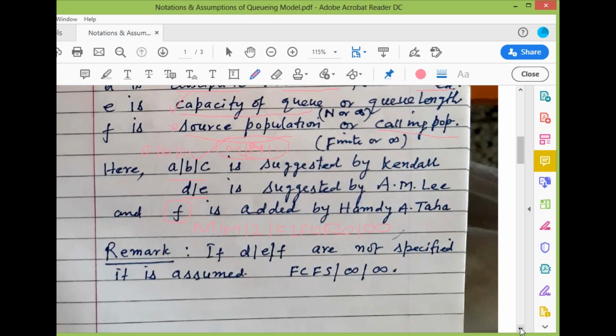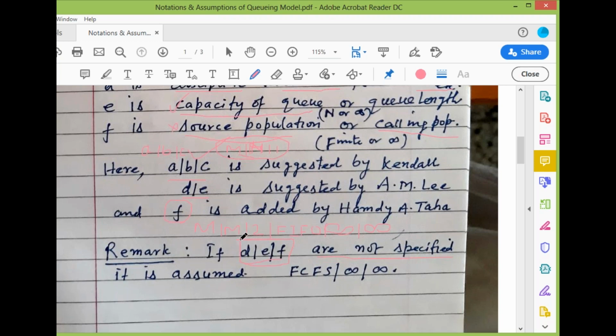One point is very important here. If you look, D, E, F are not specified. These are the later 3 letters.